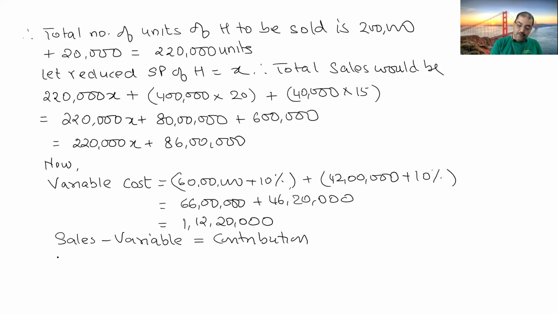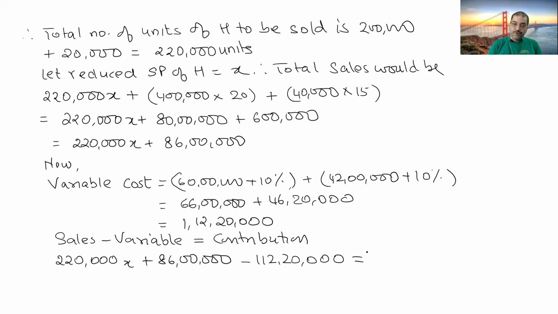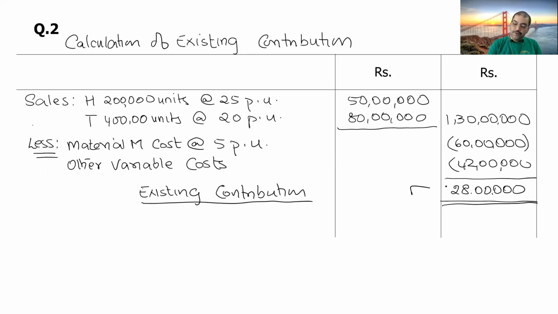Sales we have calculated: 2,20,000 X plus 86 lakhs, minus variable cost, that is 1 crore 12 lakhs 20,000, should be equal to the existing contribution. Existing contribution is 28 lakhs.